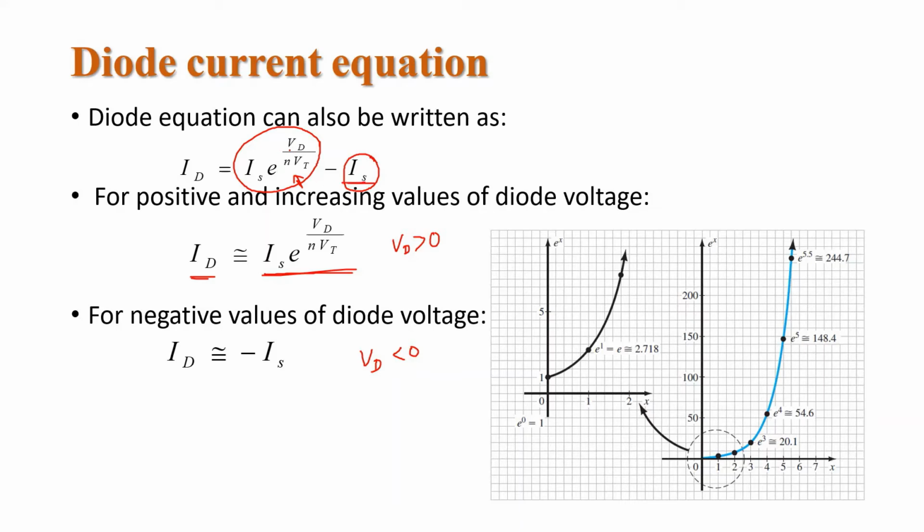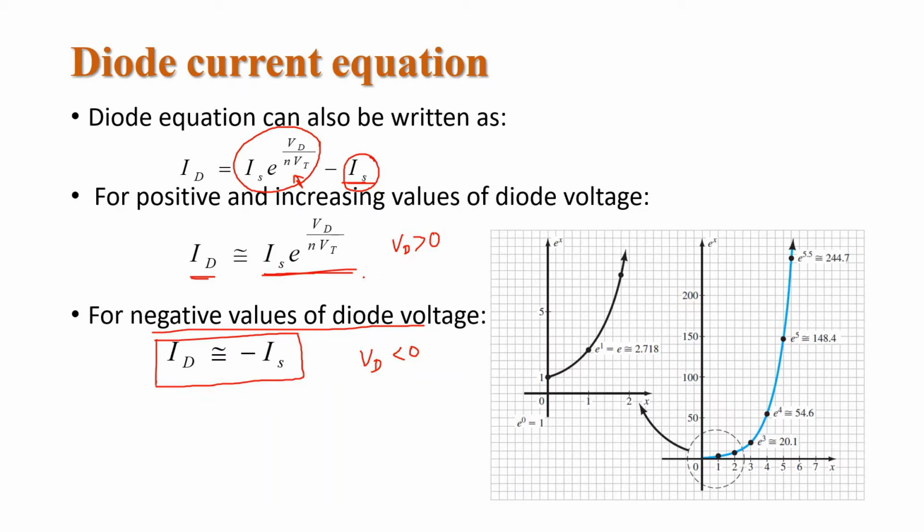The first term for negative values of VD becomes relatively very small compared to the minus IS component. So for negative values of VD, ID can be approximated as minus IS, which is the second term of the diode current ID.